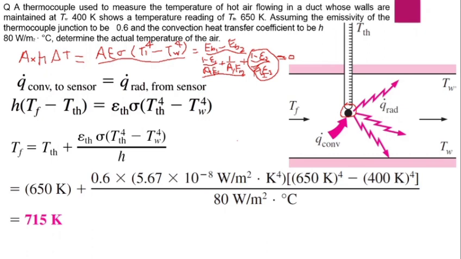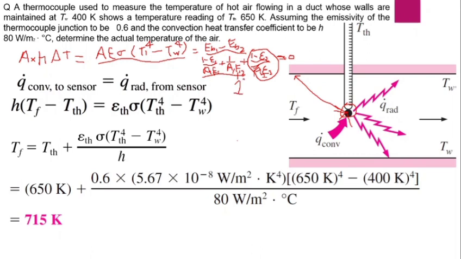Just seeing this diagram, this thermocouple is very small compared to the pipe, right? So whatever radiation is coming out of this thermocouple is definitely going to strike the pipe. That's why view factor from thermocouple to the pipe will be equal to 1, right?